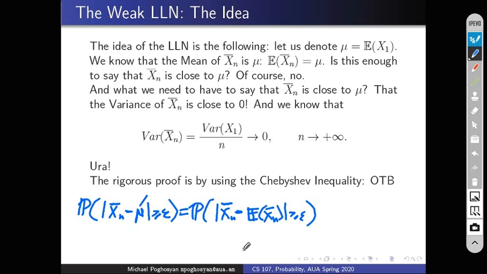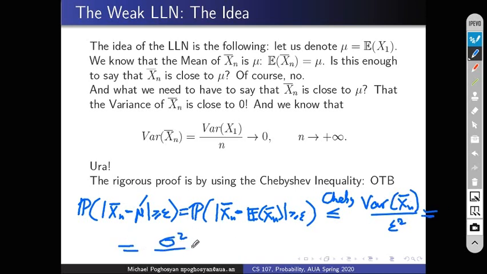So by Chebyshev inequality, we will have that this is less or equal than the variance of Xn bar over epsilon squared. And we have calculated the variance of Xn bar. This is sigma squared over n times epsilon squared.